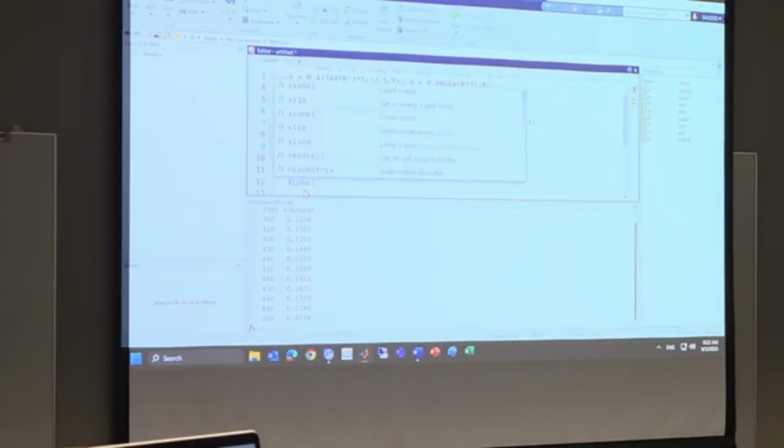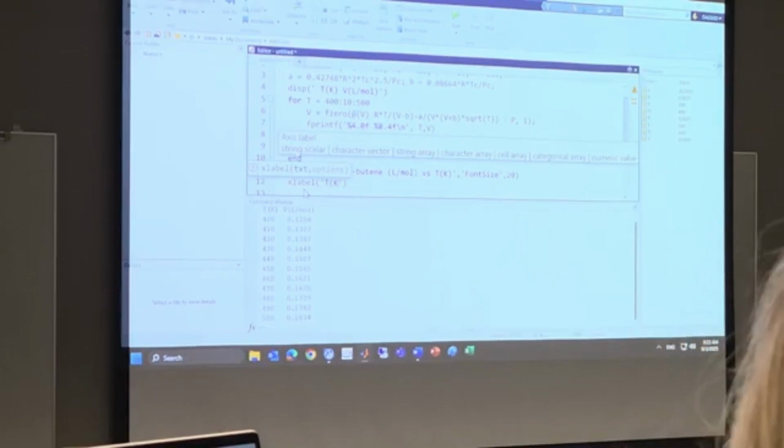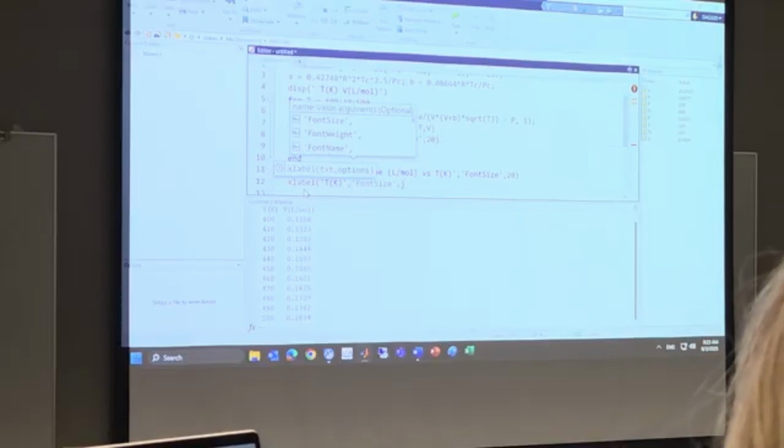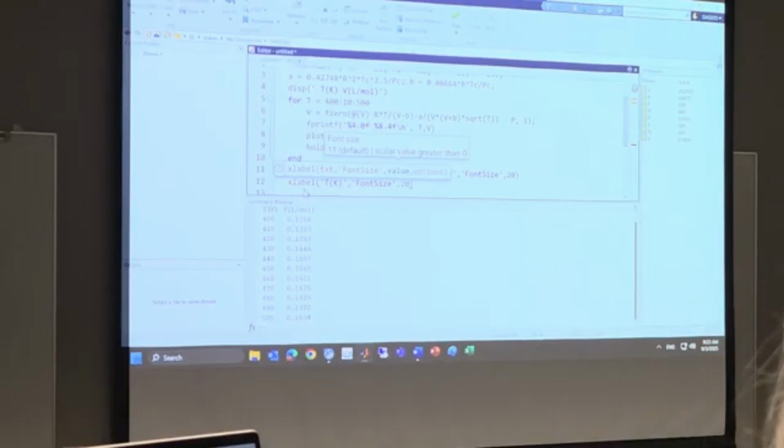X label. What's the X label? Temperature. Font size, 20. Y label. This is specific volume, meter per mole.